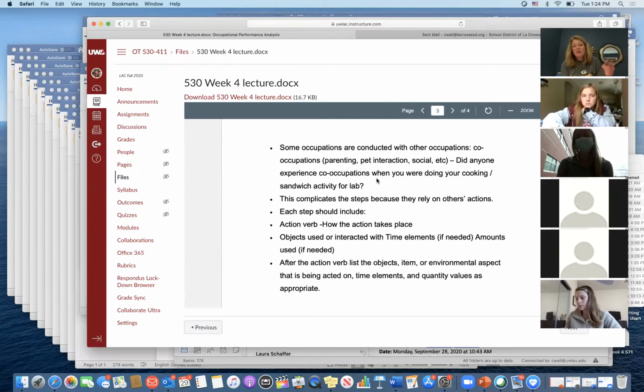So they're not only focusing on what they're supposed to be doing, but they're also engaging with someone else or an animal at the same time. That can complicate things, but it can also motivate them to be more independent or to show that they can do these things on their own. But sometimes it also is distracting, and so you have to talk them through that as well.